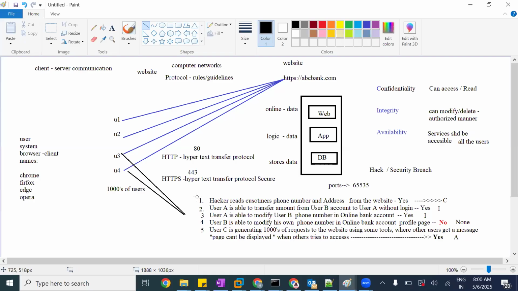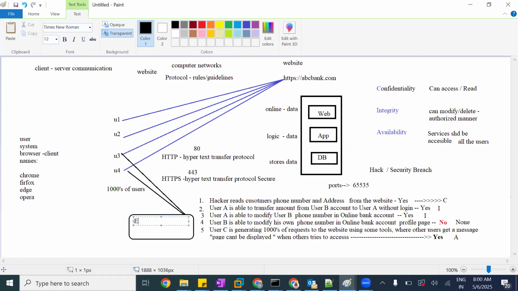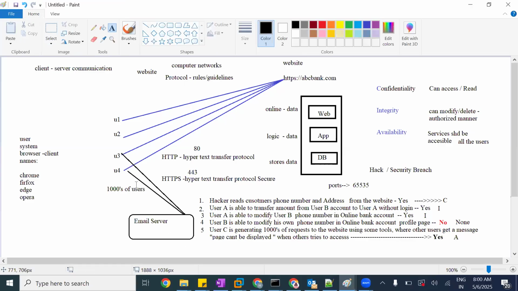They are also using one more server, called the email server. Why do we use an email server? To send and receive emails. User 4 sends an email to user 3 and it has to go through the email server. Now the question is, what is the protocol relevant for the email server?